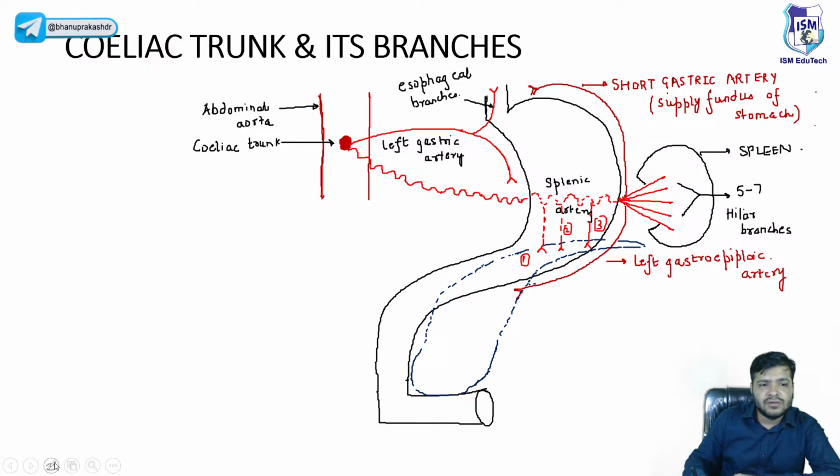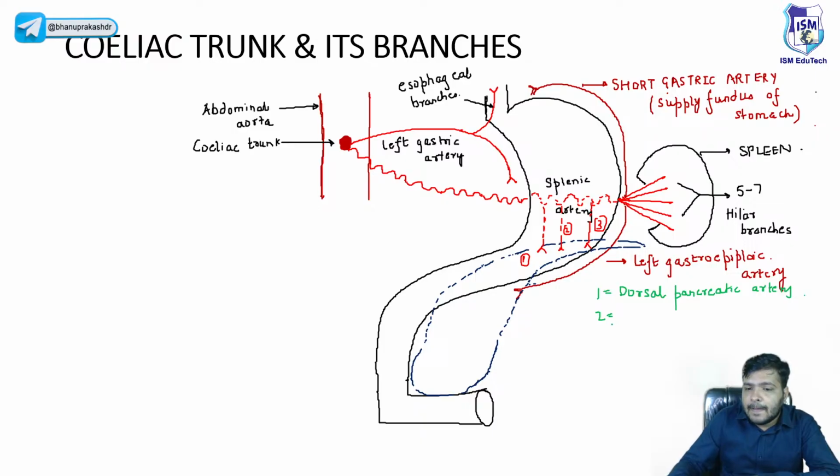The first one stands for the dorsal pancreatic artery. The second one is arteria pancreatica magna.